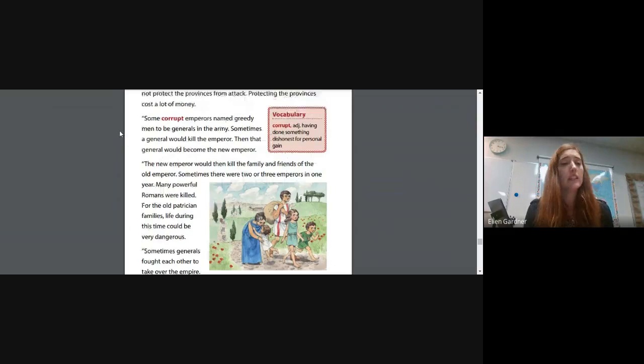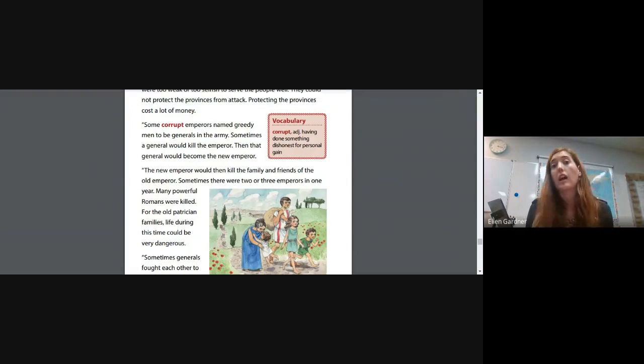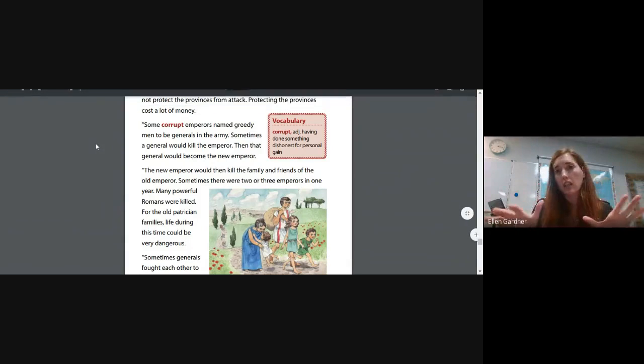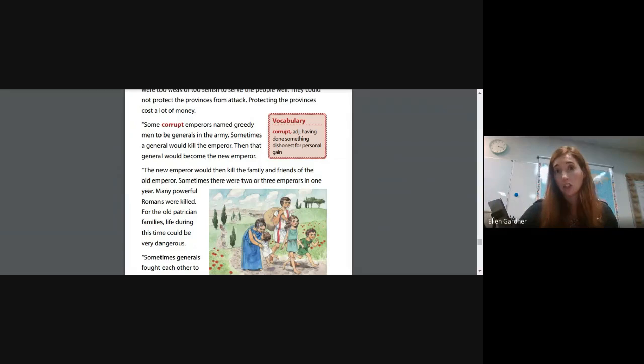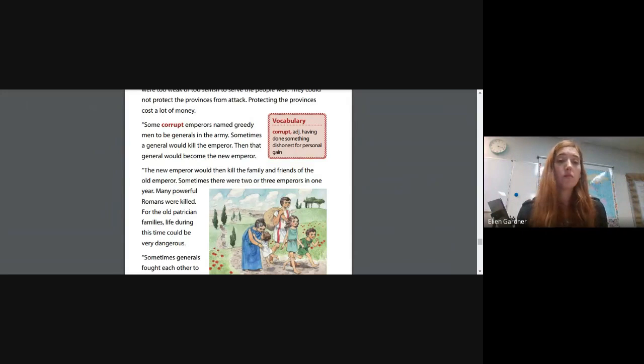Now, the new emperor, and this is sadly still the case in many countries, there's a lot of corruption that happens. But this was one of the most evident times in all of the Roman Empire history that there was a lot of corruption. When Rome was at its peak, had all of this land, all of this power, all of this money, and they're starting to lose it. And a lot of it has to do with these corrupt emperors.